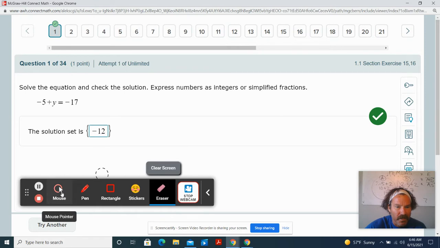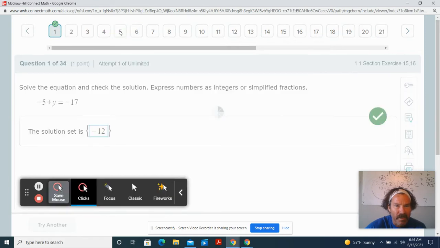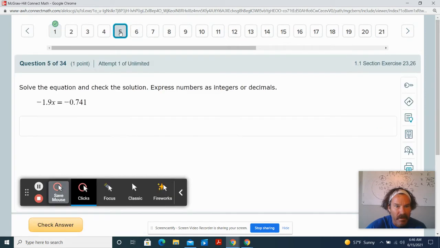Let's go over one that looks a little bit more complicated. If you have decimals here, I suggest just using a calculator. This is negative 1.9x. So we get rid of the negative 1.9x by dividing by negative 1.9.